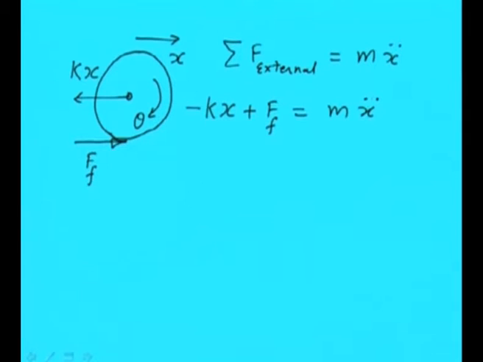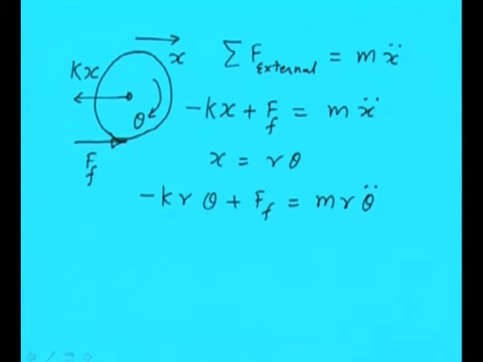So we can replace x with r theta as we did earlier, because x is equal to r theta. And here also we can use r theta, so this will be r theta double dot.